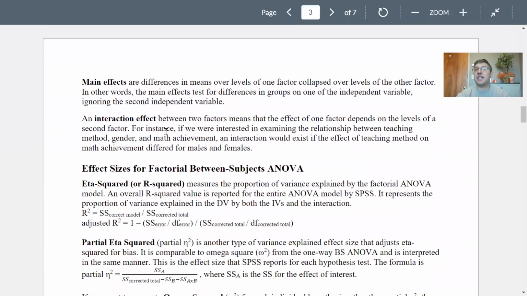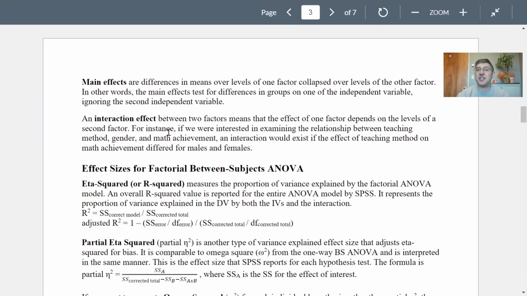So for the example I give here, we're interested in examining the relationship between teaching method, gender, and math achievement. So math achievement would be our dependent variable or our outcome, and our two independent variables would be teaching method, say teaching method A and B, and gender, whether the student was male or female.